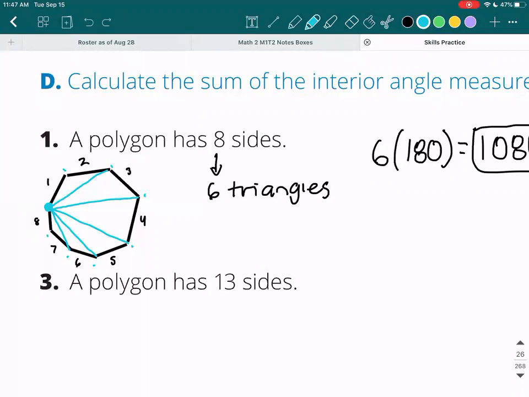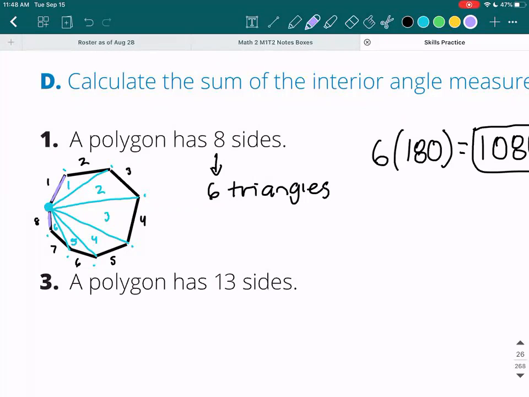So now let's count how many triangles we have. We got 1, 2, 3, 4, 5, 6. The reason it's minus 2 is because take a look at these 2 lines that we could have drawn. Those 2 lines don't count as diagonals because they are actually just sides of your polygon.